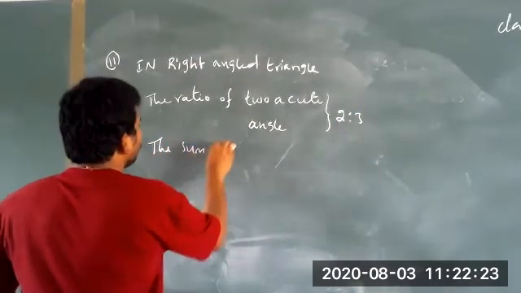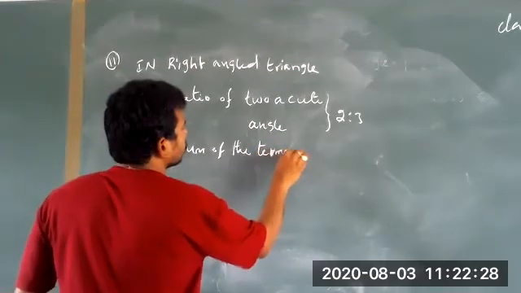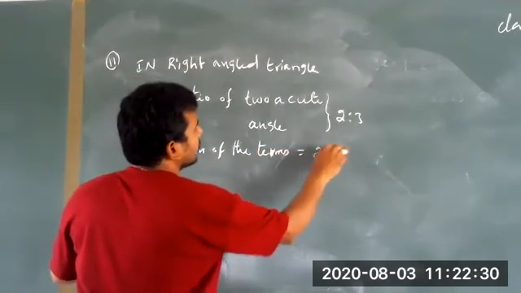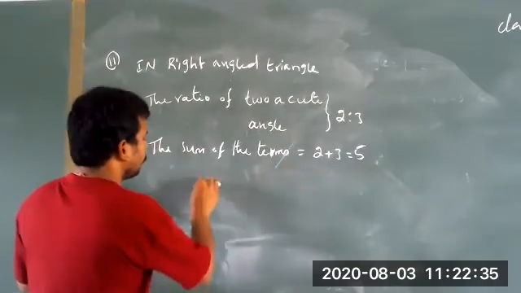The sum of the terms equal to 2 plus 3 equal to 5. 2 plus 3 is equal to 5.